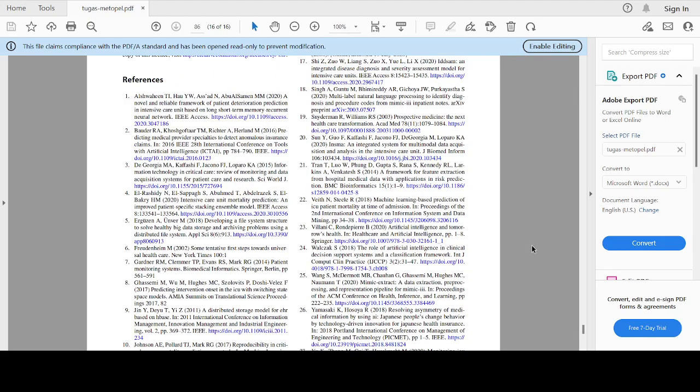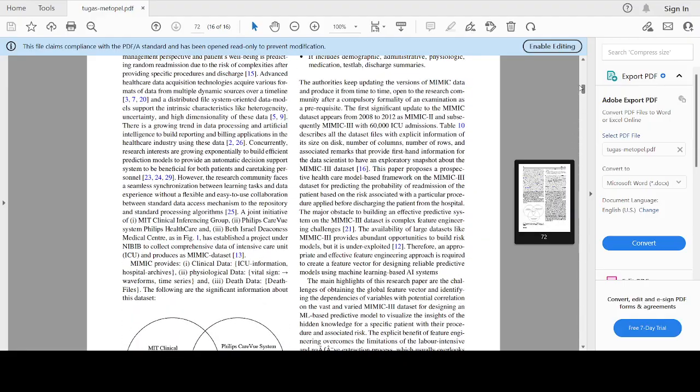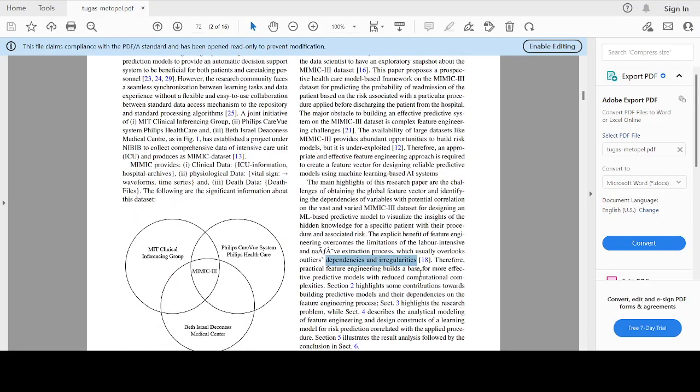But basically, sorry, the sentence is trying to describe here that the main highlights are a justification of why researchers nowadays, especially in data science, try to build prediction models for hospital needs like this, to overcome the limitations.